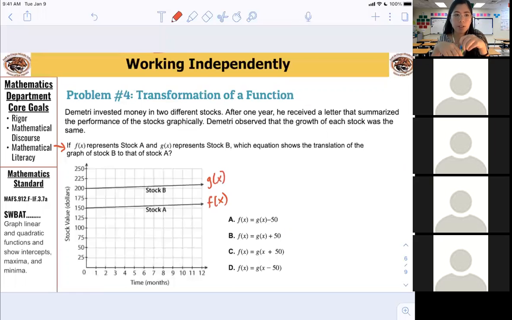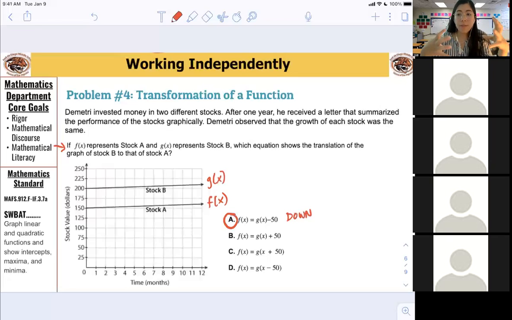So then you look at the answer choices and there's only one that is telling me to go down, and that would be answer choice A. A, yeah. This one says down. I think D says g of x minus 50 in parentheses. So what is D telling you to do? Subtract 50 from x.